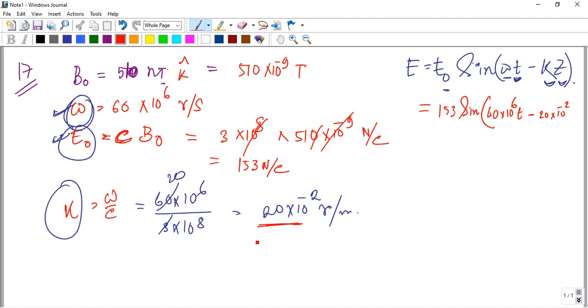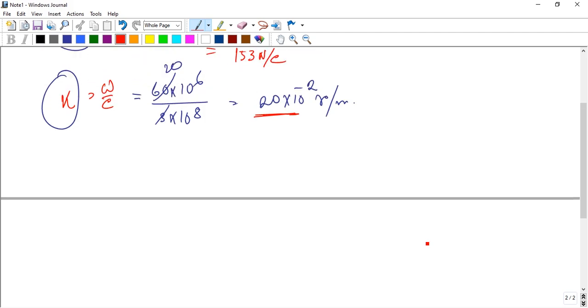So if you see the diagram, the electric field diagram looks like this.